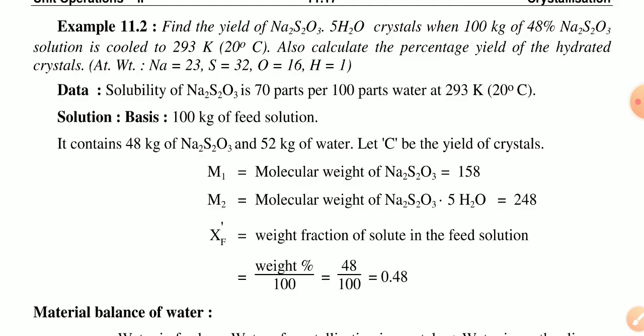Now we have found all the molecular weights. The 100 kg of feed solution contains 48 kg of Na2S2O3 and 52 kg of water, that is H2O. Let's see the yield of these crystals. M1, the molecular weight of Na2S2O3, is 158, and M2, the molecular weight of Na2S2O3·5H2O, is 248.